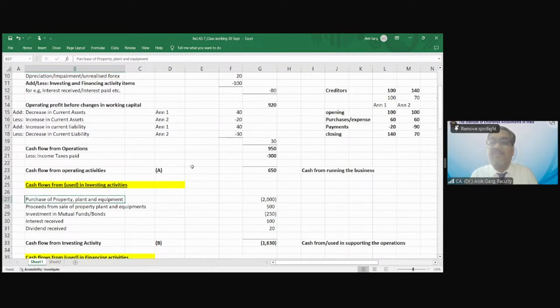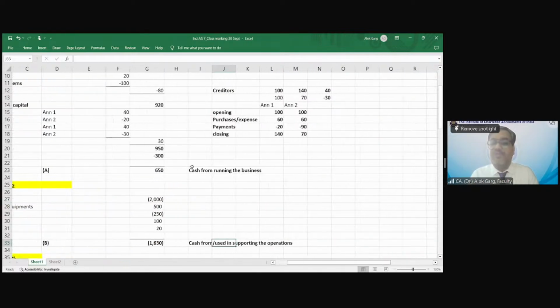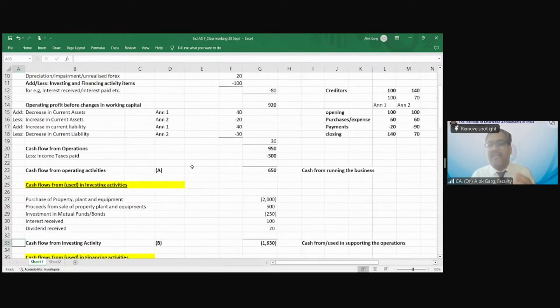Actual cash paid, actual cash received, investment in mutual fund and bonds, actual investment made, interest received, dividend received, redemption of investment. These all are cash flow from investing activities, right? So this cash flow from investing activities is cash generated or cash used in supporting the operations.